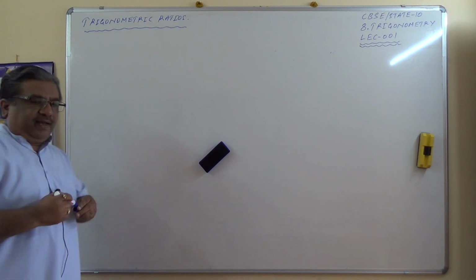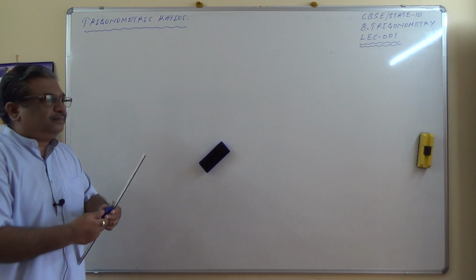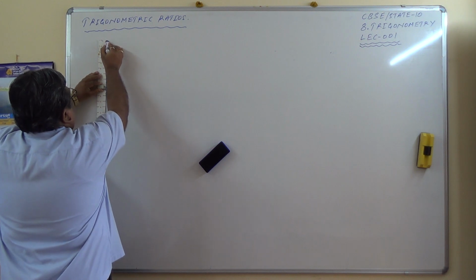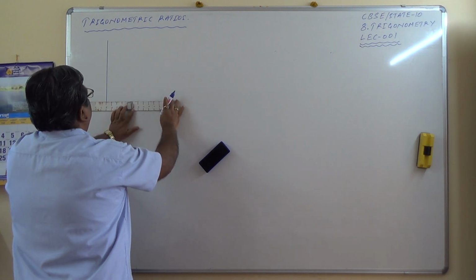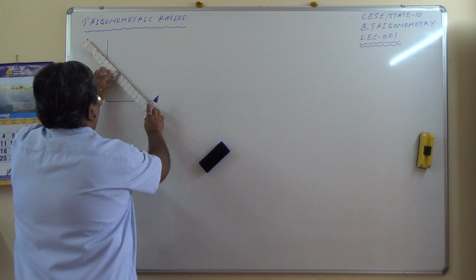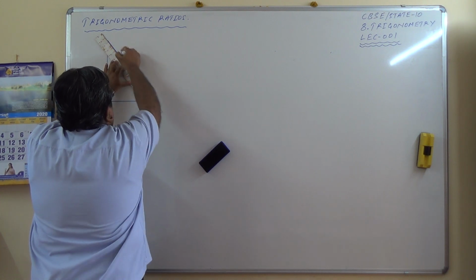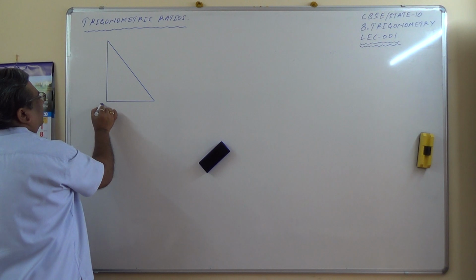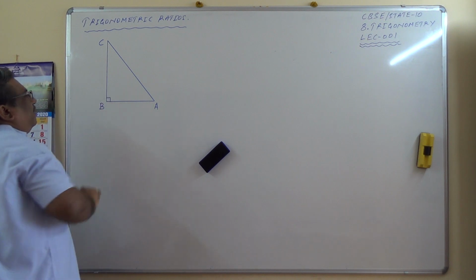First I will draw a right triangle. Let us consider a right triangle, right angled at B. Let this be A, B and C, and this is right angled at B.